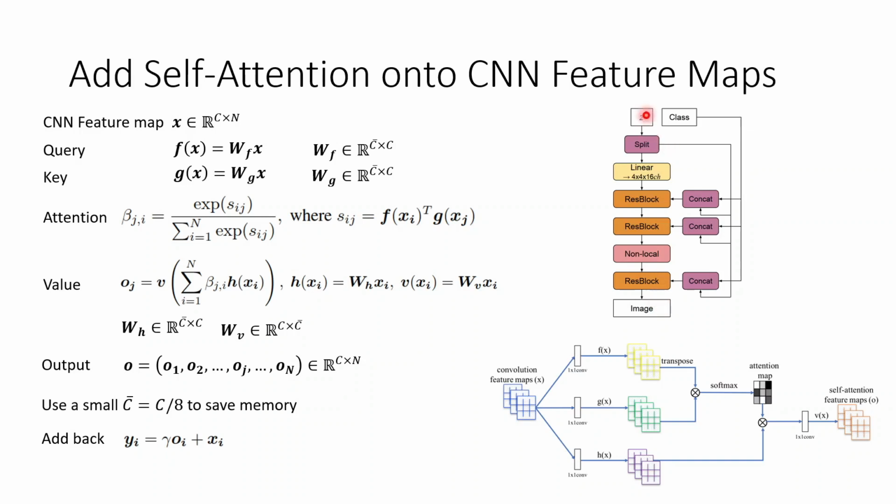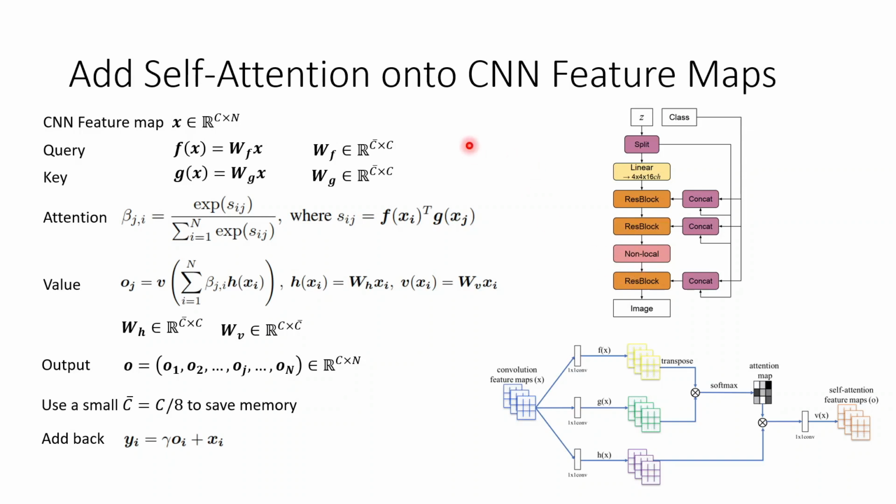Because this is a GAN, in the beginning this is a latent variable, a noise, and then they are upsampling. They insert a self-attention layer at certain feature maps, and it adds the feature maps back.